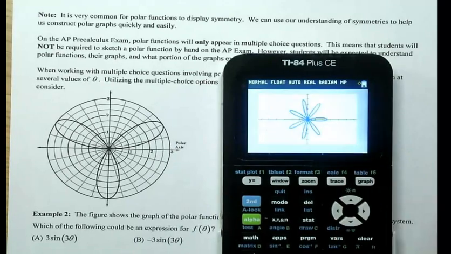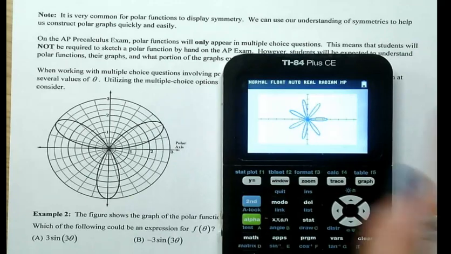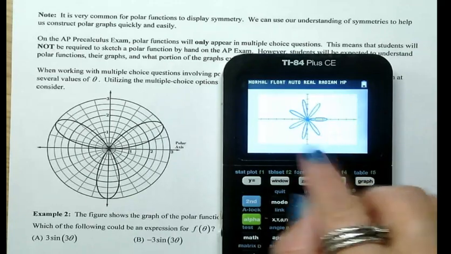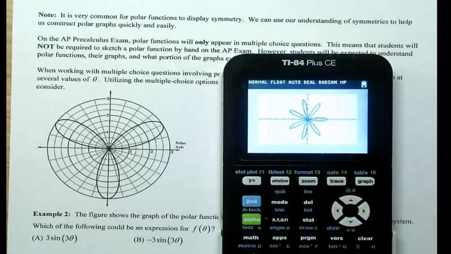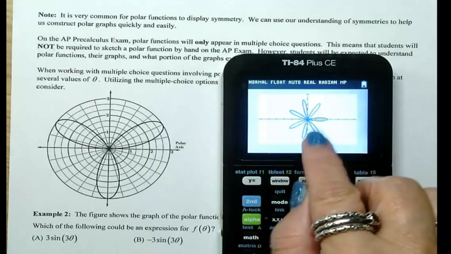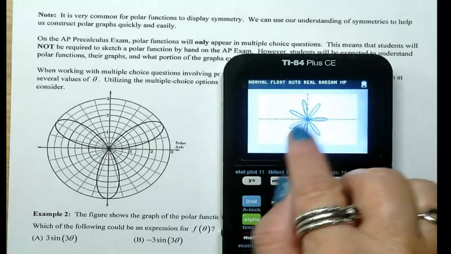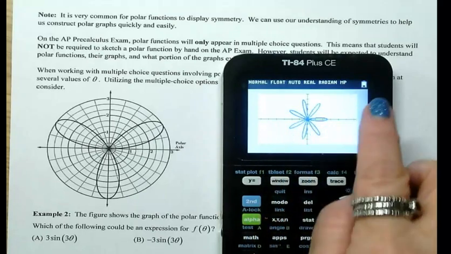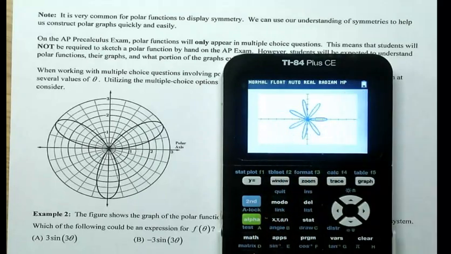And then when you graph it, you may have to adjust your window to make sure you're going to see the full length of the petal. And then be patient because sometimes, like in this case, if you have certain numbers inside of your cosine or sine, it may still be graphing and repeating patterns of the petals. And so you'll see a little wheel turning up here if that's the case. All right, just a few things to keep in mind.